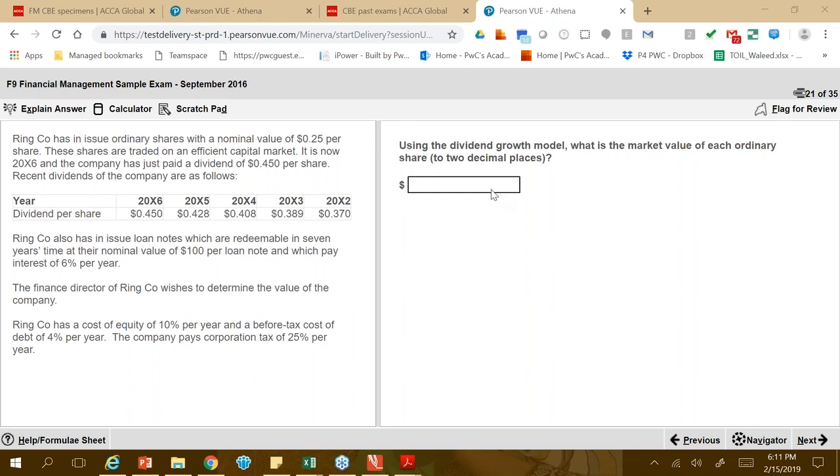Yes, it is the per share value. So it's a per share value that we have to work out. Now, if by mistake you work out the value of equity here and you put your answer, that would be considered wrong because the answers fed into the system are the per share value answers.